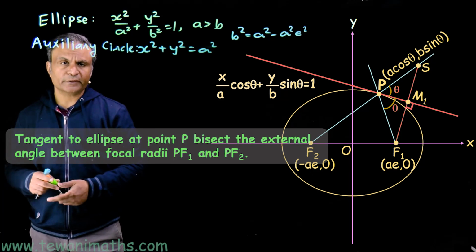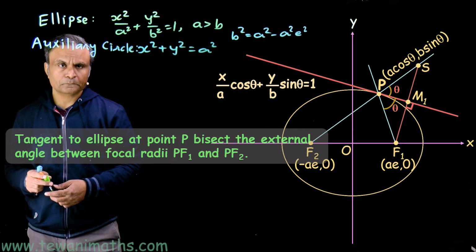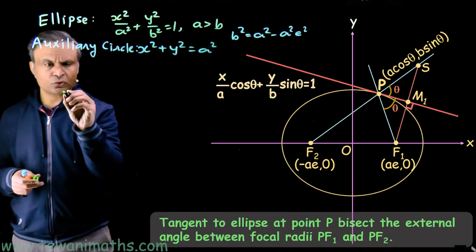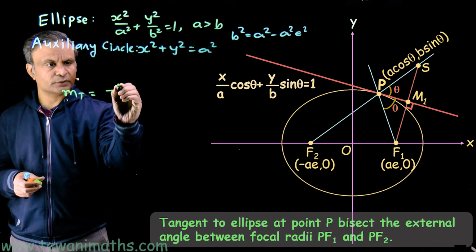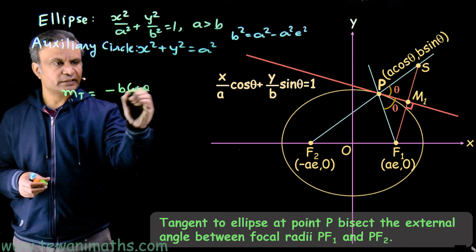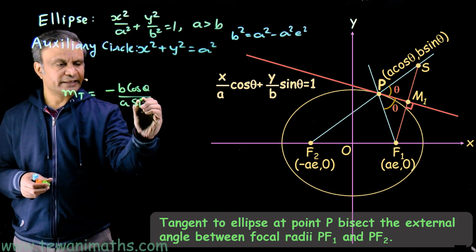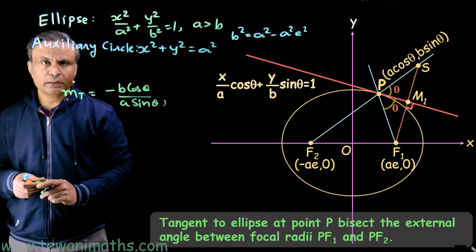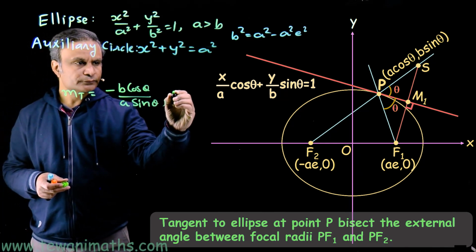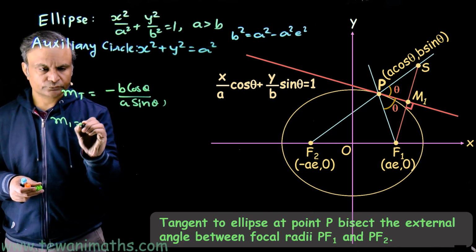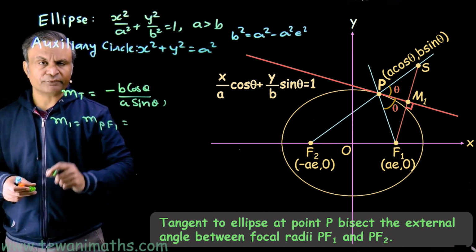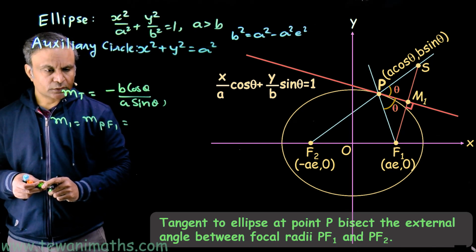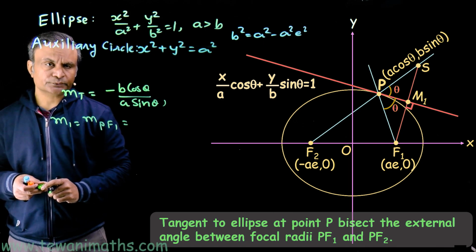कैसे प्रूव करेंगे ये प्रॉपर्टी? Now slope of tangent is, tangent का slope क्या होगा? माइनस बी कॉस थीटा अपॉन ए साइन थीटा. ओके, स्लोप ऑफ पी एफ वन, सपोज स्लोप m1 है, तो क्या होगा पी एफ वन का स्लोप?